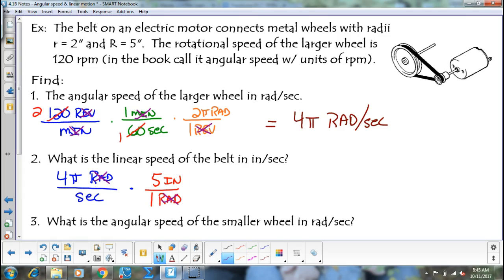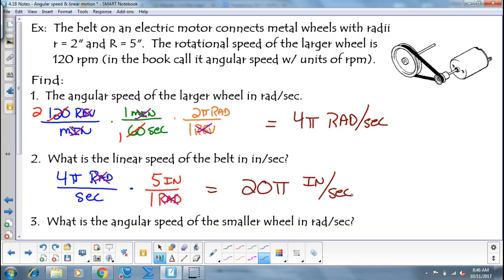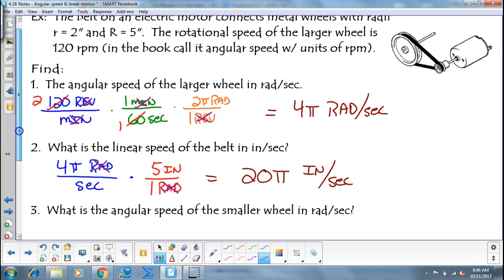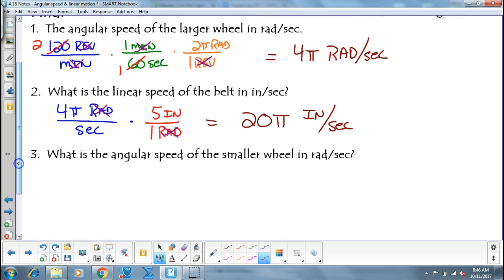So the speed of the belt is 20 pi inches per second. Now it says, what is the angular speed of the smaller wheel?